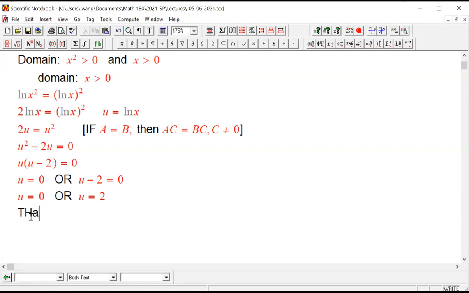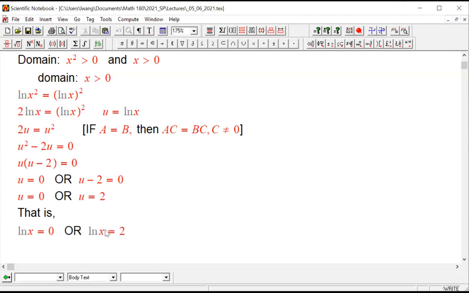So that is ln x equals 0 or what? Ln x equals 2.